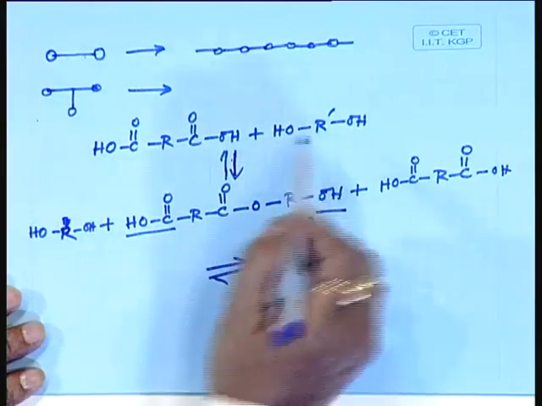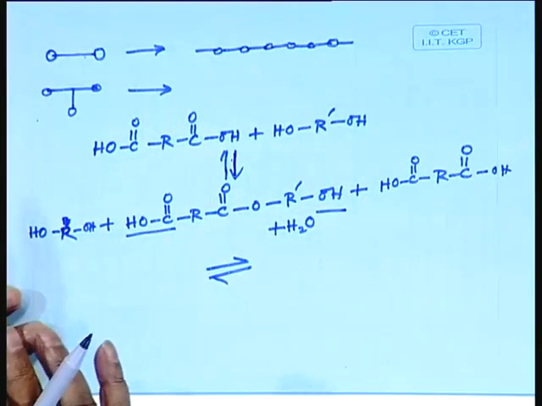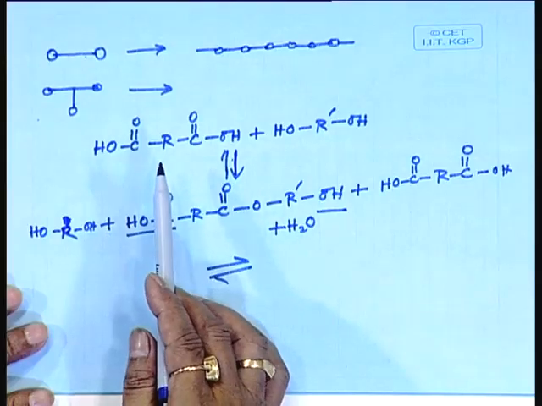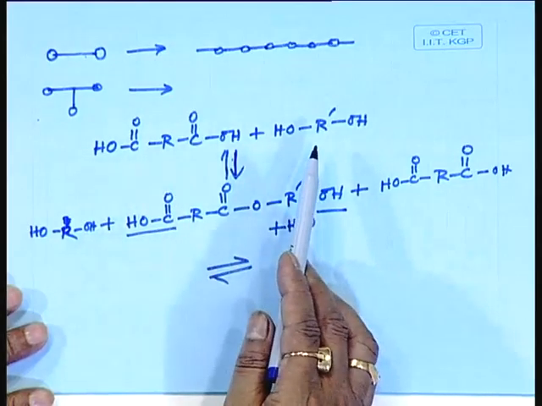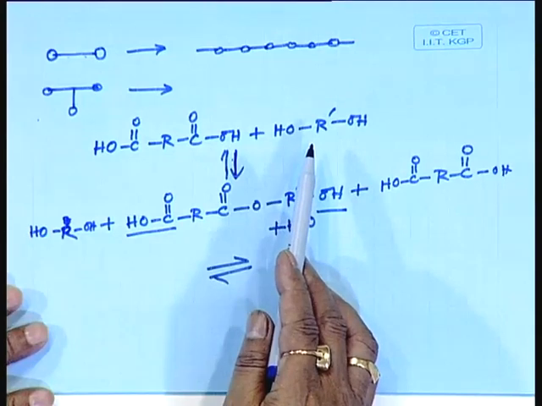On paper we are writing, but in real situation when you will be asked to synthesize a polymer using 1 mole of diacid and 1 mole of dialcohol, what will you do?